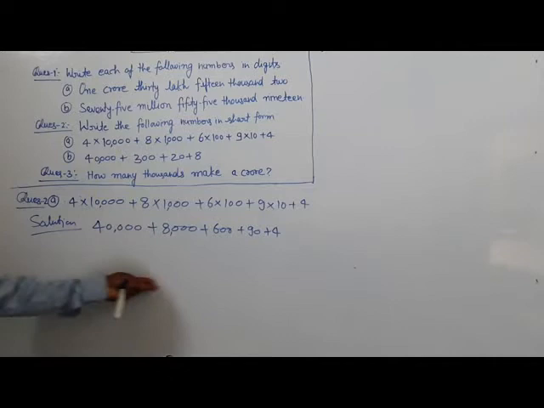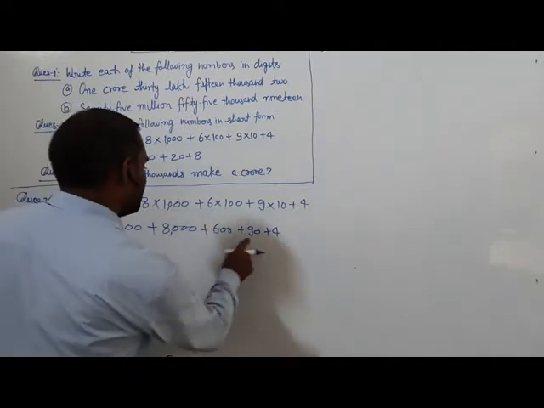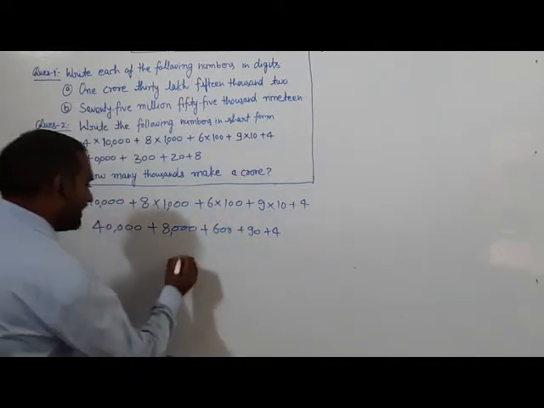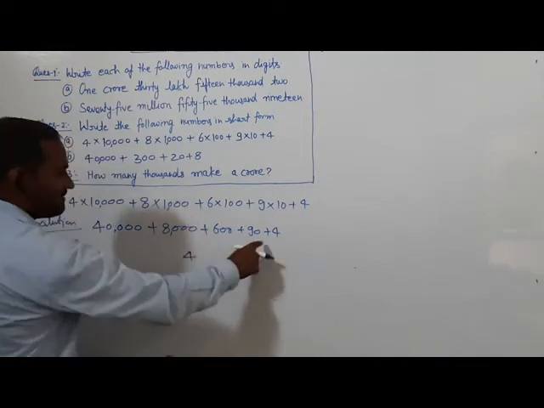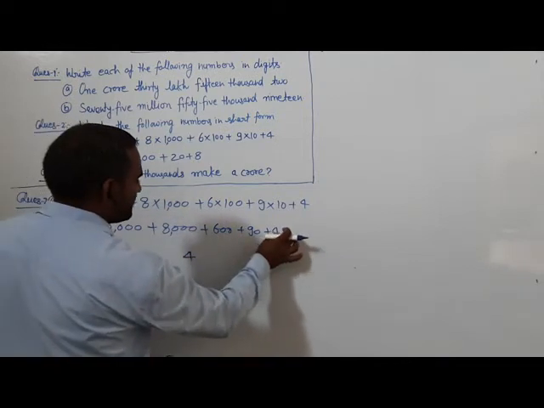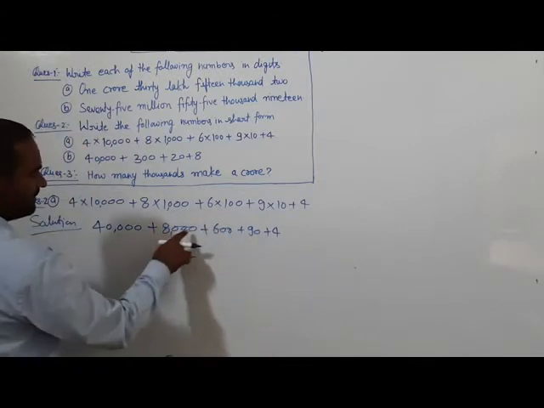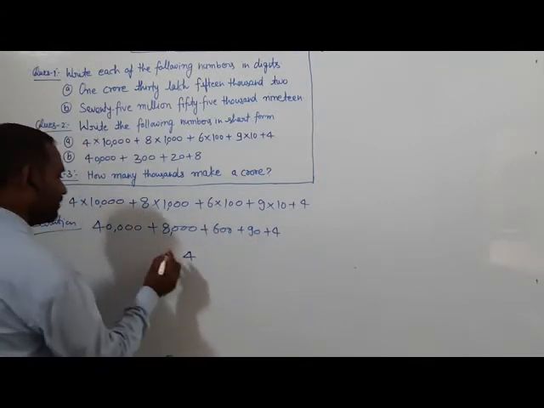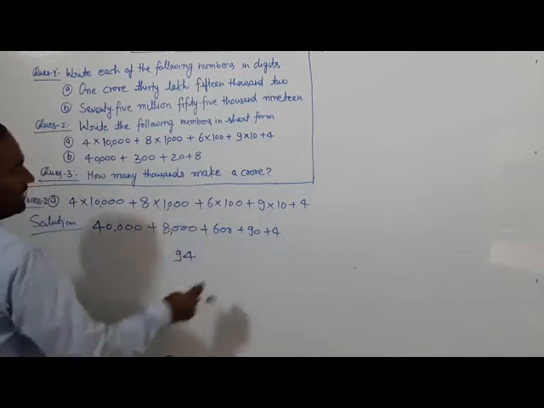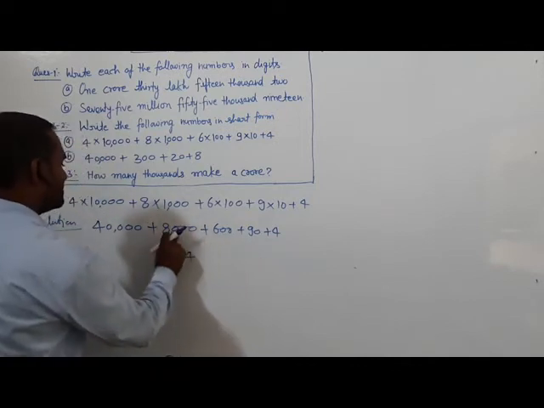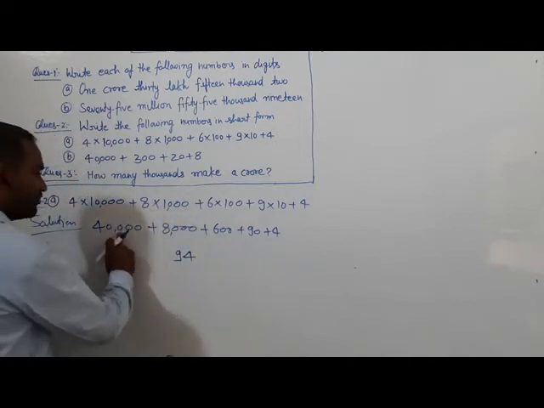When we add this, the ones place is 4, and all the other ones places are 0, so we write 4. The tens place here is 9, and the other tens places are 0, so 9. The 100 place is 6, the others are 0, so 6.